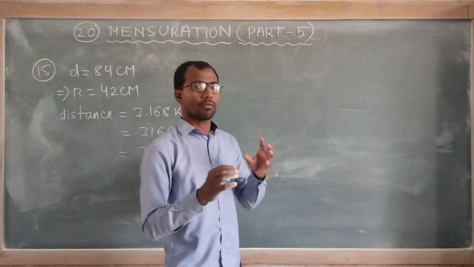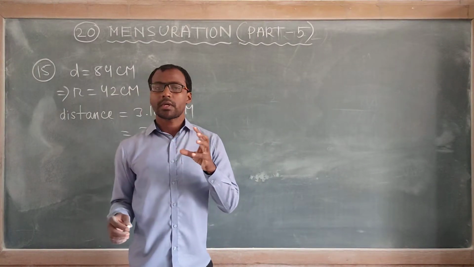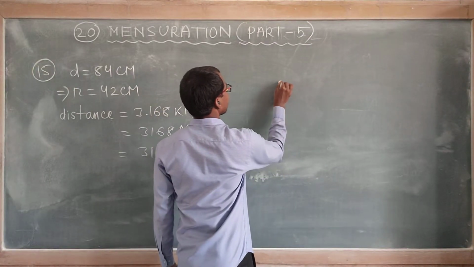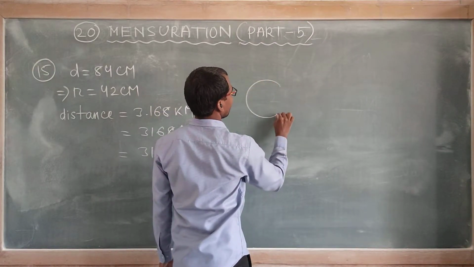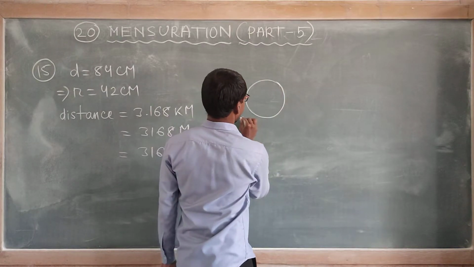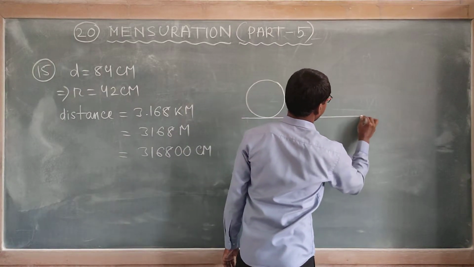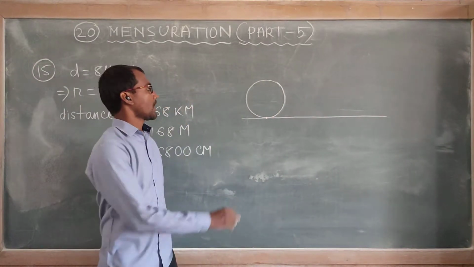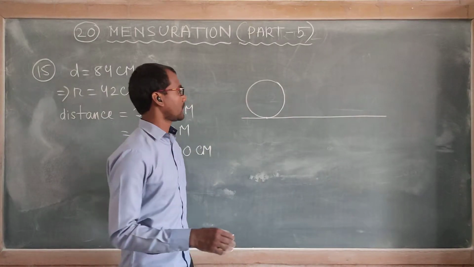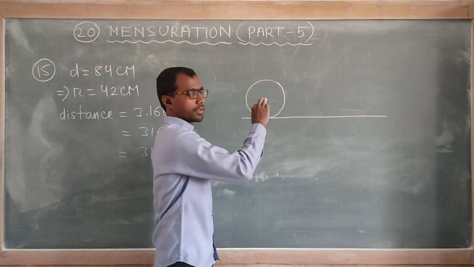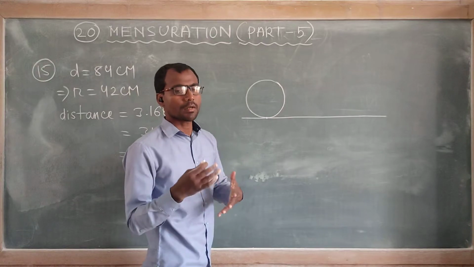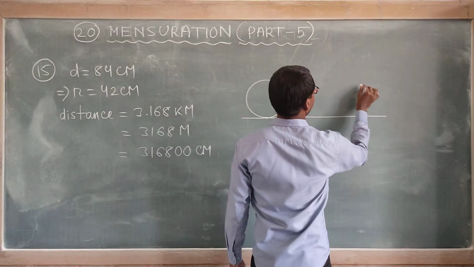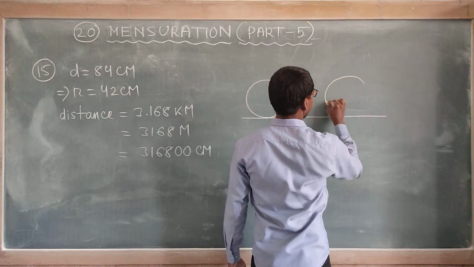See, when a wheel makes one complete revolution, suppose this is a wheel, and it is moving along this line. Suppose after making one complete revolution, the wheel has moved to this position.